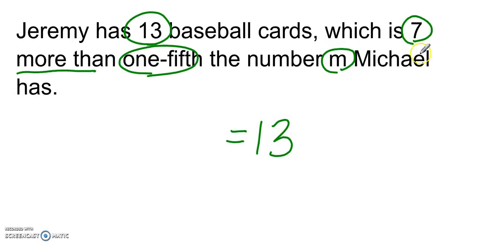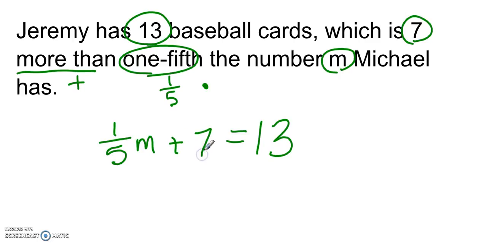Everything else is going to make up the other side. So 7 more than means we're going to add 7. We're looking at 1/5 the number m. So that's our variable, our unknown. 1/5 of this, or 1/5 the number, has a hidden operation of multiplication there. So we have 1/5 m plus 7.